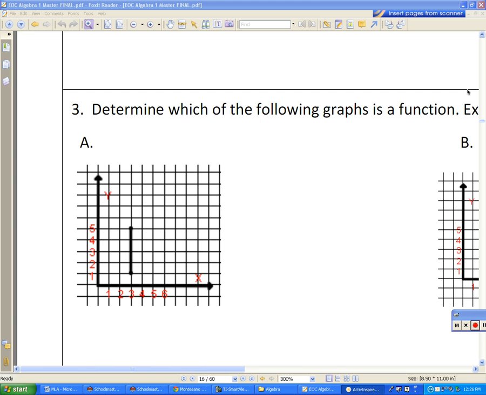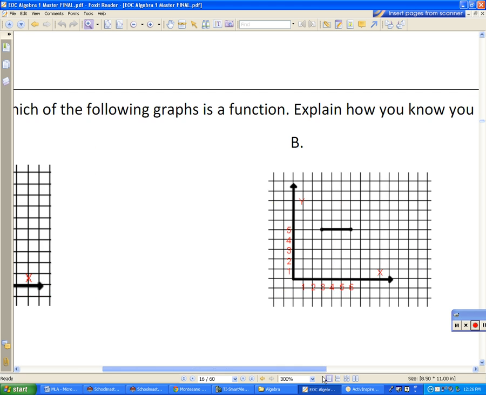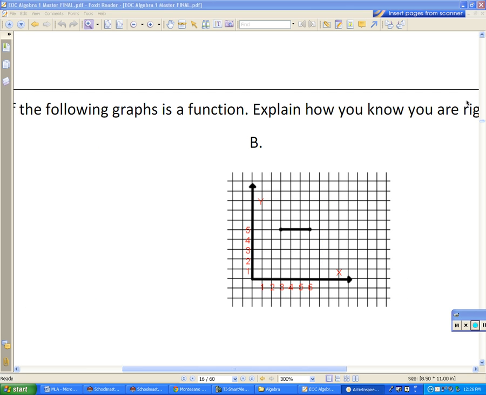Let me do this one so you can see what I'm talking about. Is there any way that I can draw a vertical line, Allie, that will go through this graph in more than 1 point?